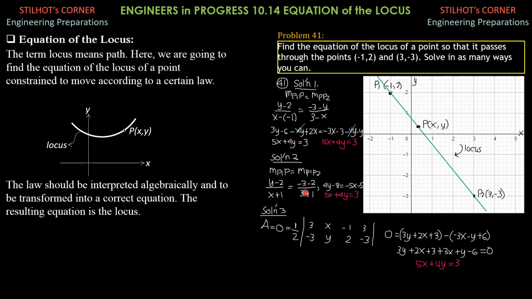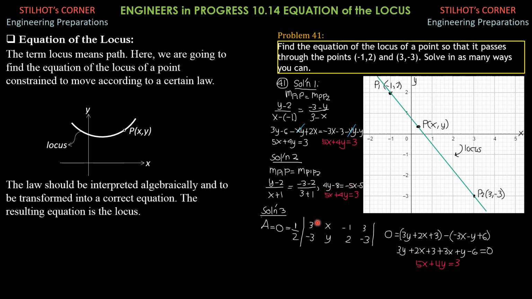Cross multiply: 4 times y is 4y, 4 times negative 2 is negative 8, and negative 5 times x is negative 5x, negative 5 times positive 1 is negative 5. Transpose negative 5x to the left, so we have 5x plus 4y, and negative 5 plus 8 is 3. So it's the same as that.